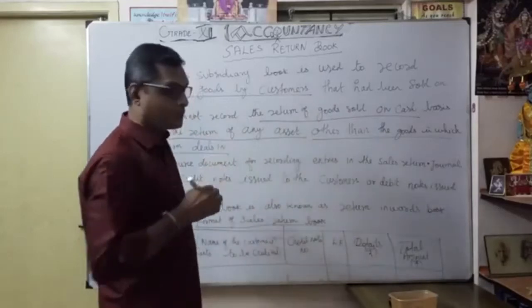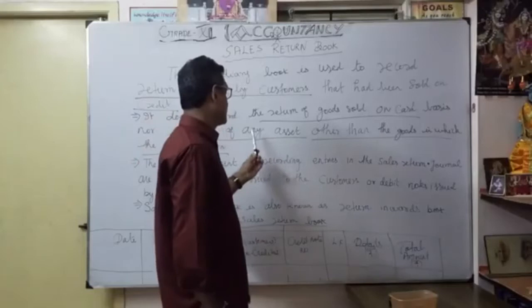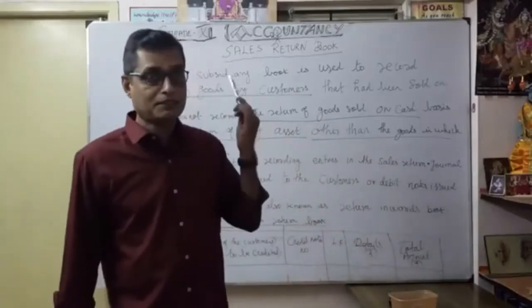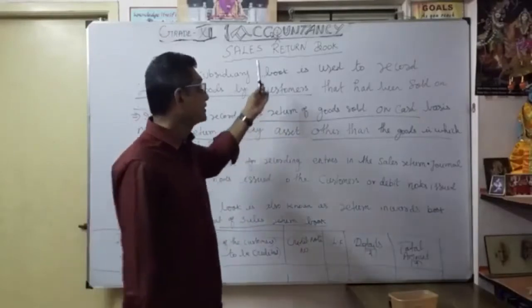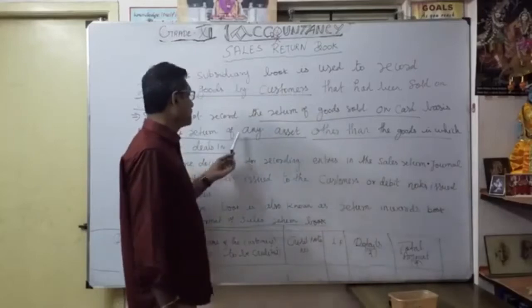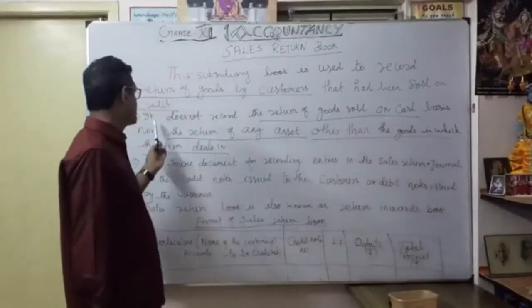Earlier we discussed that any assets returned back you do not record in the purchase return book. In the same manner, under the sales return book, you do not record the return of any asset other than the goods in which the firm deals in.